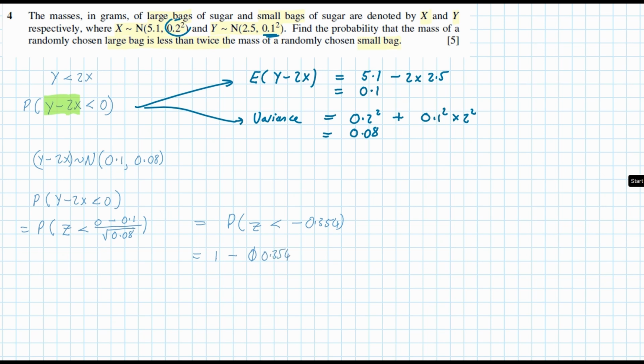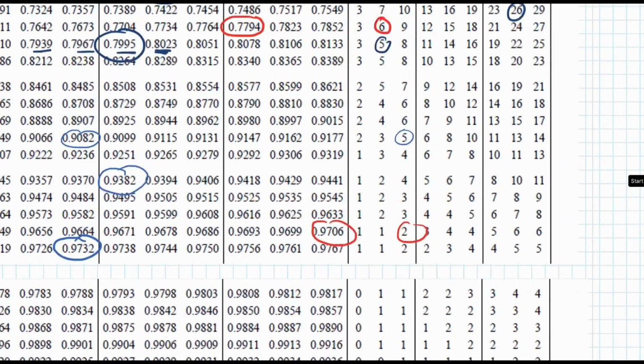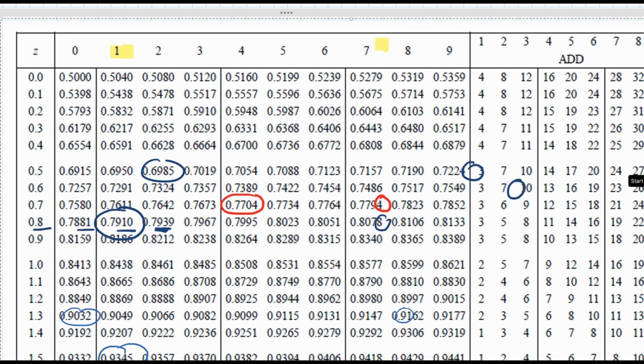So if you're a bit hazy on that, you want to go back to your PM1. Now, for 0.354, I think I've actually got a table, there we go.